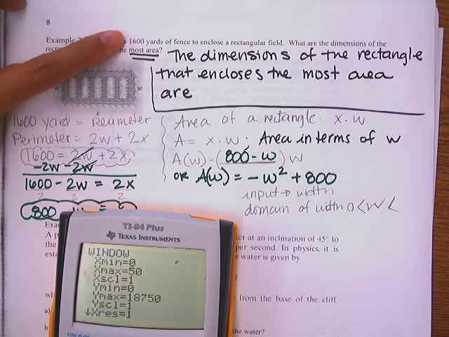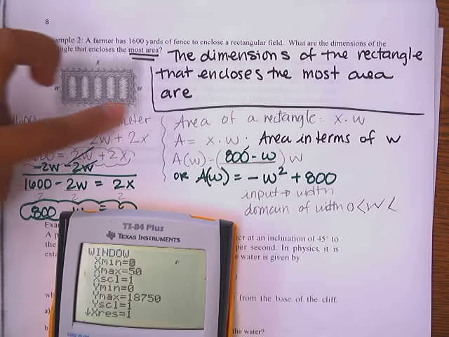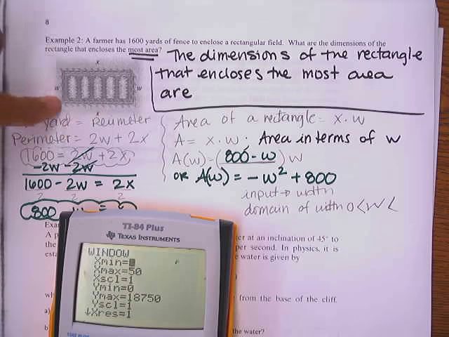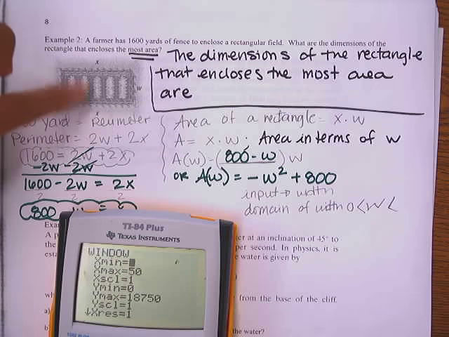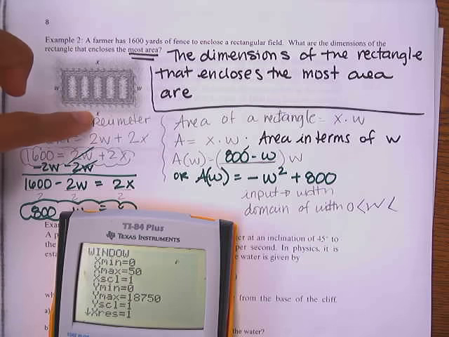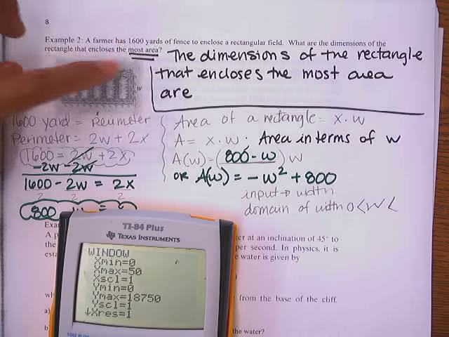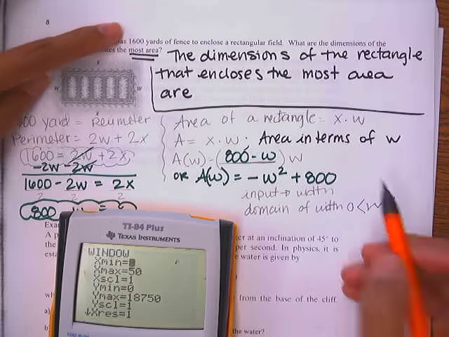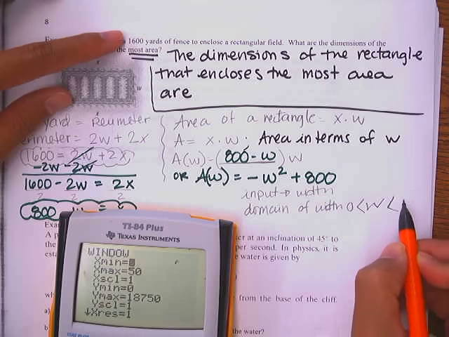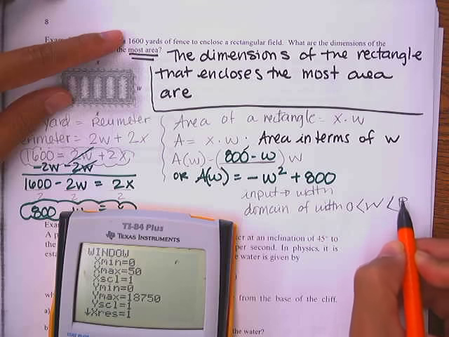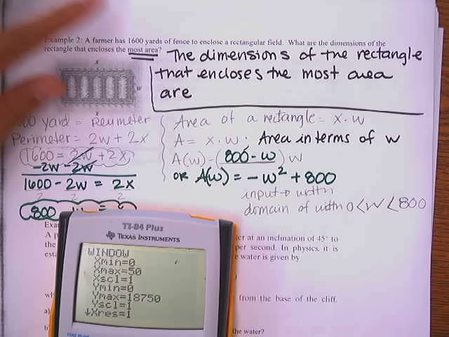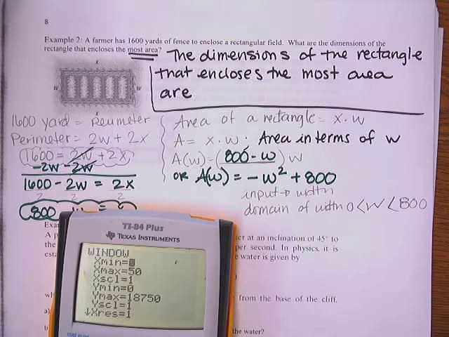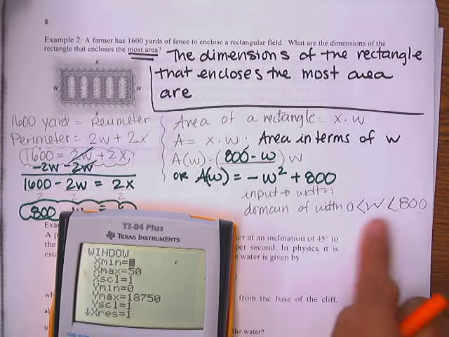Would you agree? If the top length and bottom length are not zeros, but the two lengths are close to 0, then that will leave the two w's added up to be 1600. So that means half of that is going to be 800.